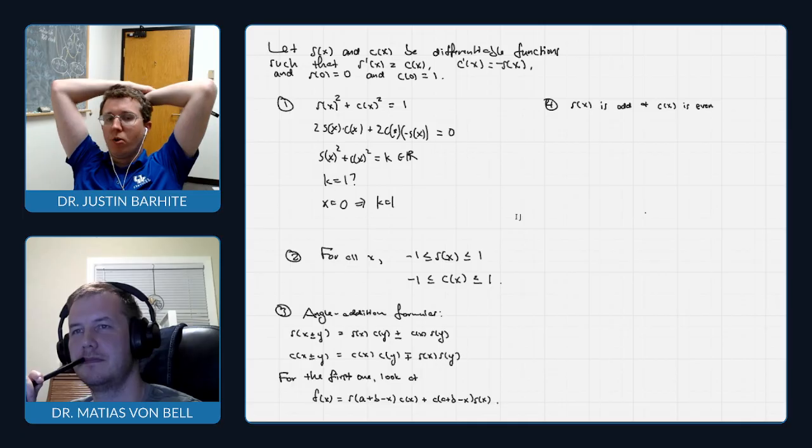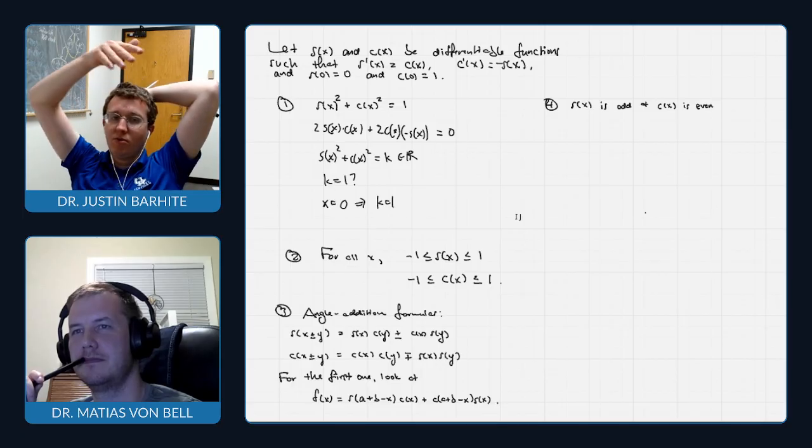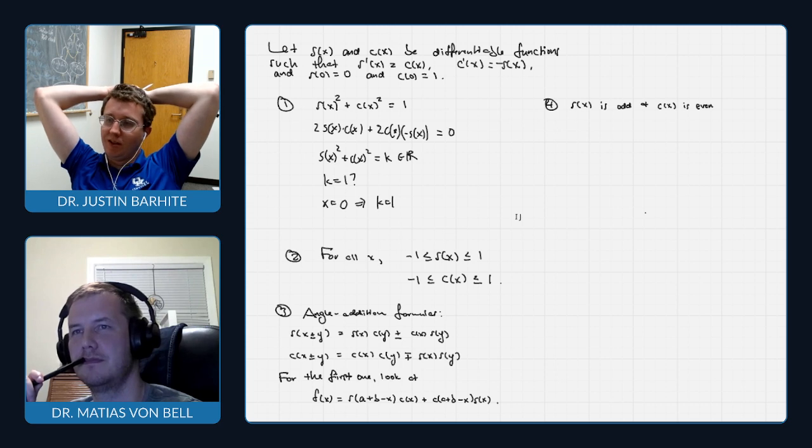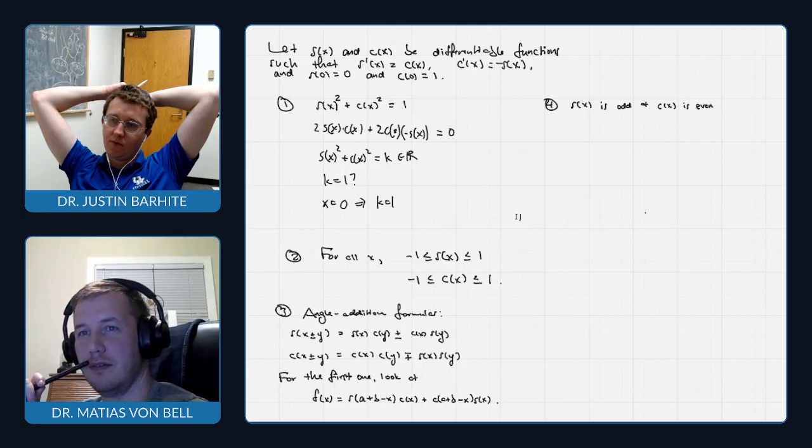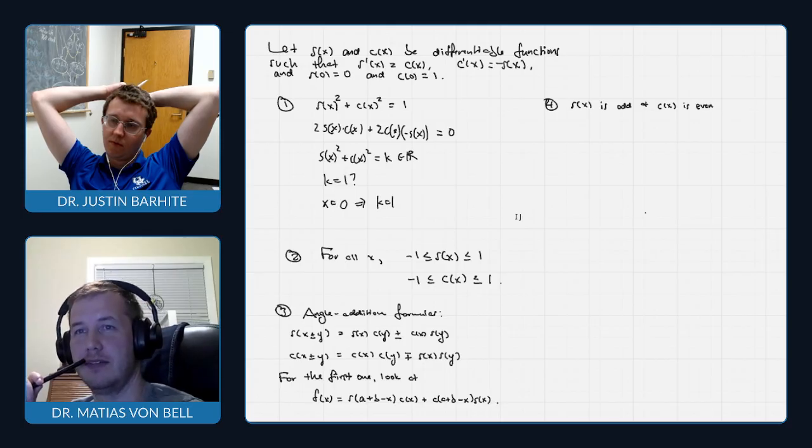So we have an angle addition formula. What do we need in order to check that? Well, we need x plus 2 pi, and we need to see that it comes to the same value.